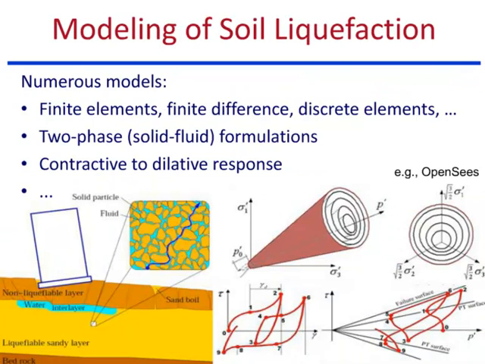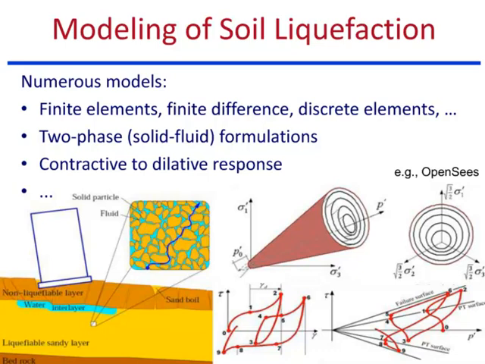Liquefaction reflects the particular nature of granular soils and the increase of pore water pressure due to densification during shaking. And numerous models have been developed to predict liquefaction and its effects. These models use finite elements, finite differences, and so on.